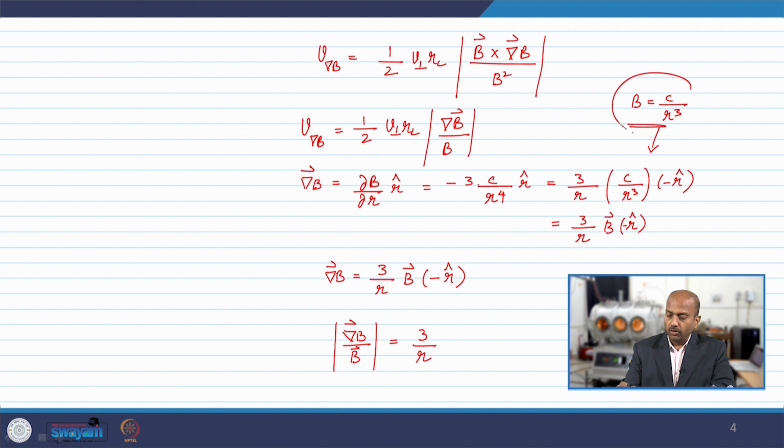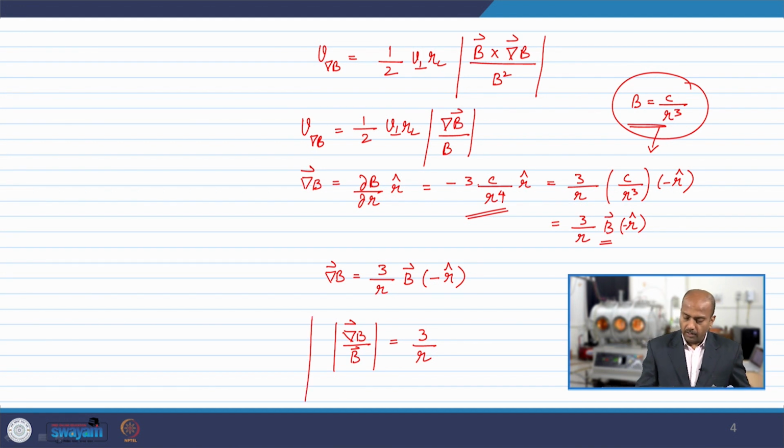Since we know the form for B, we differentiated it once with respect to r. We got this, slightly rearranged it so that B appears again on the right hand side, brought it to the left hand side, and now we have del B by B as 3 by r.